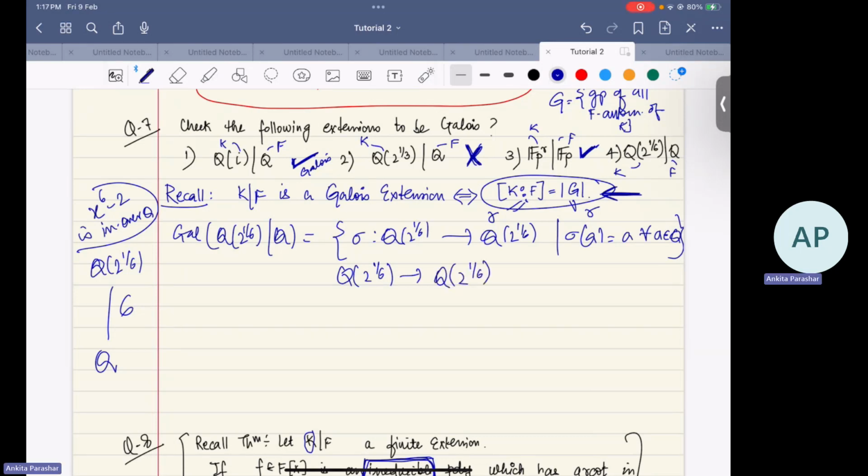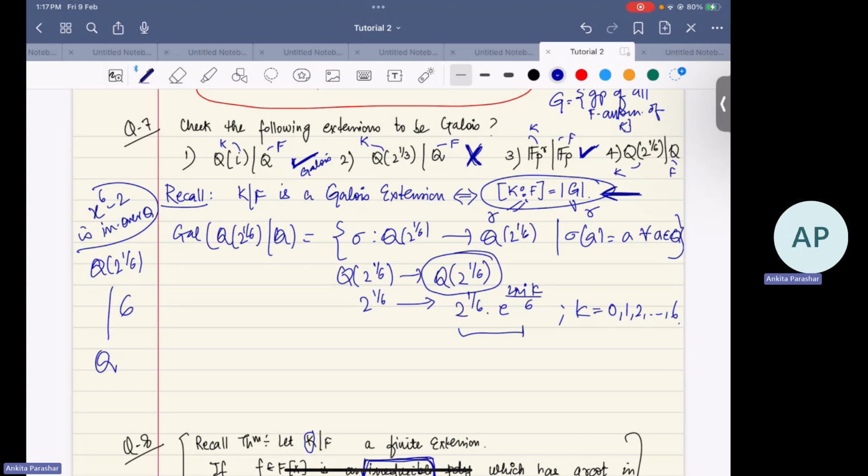So from this to this, we need to map where 2^(1/6) goes. Again, you have seen many times that the 6th roots of unity are multiplied with this, and you will get all such choices. But the important fact is, since you do not go outside this field, which is a real field, you just have to find out how many are the real elements.